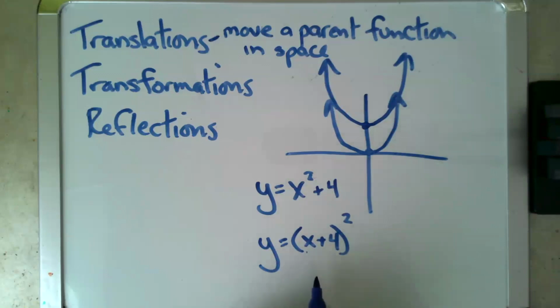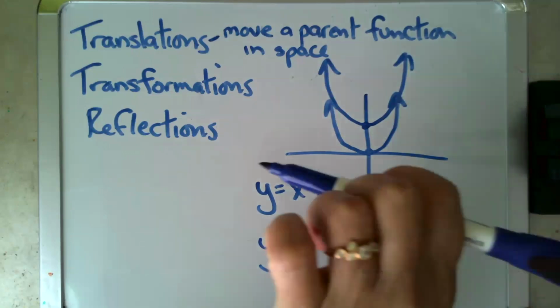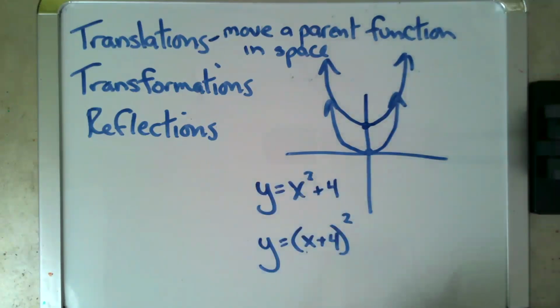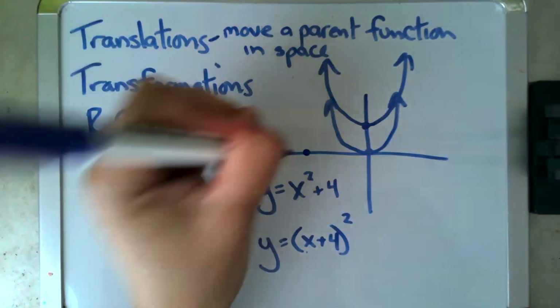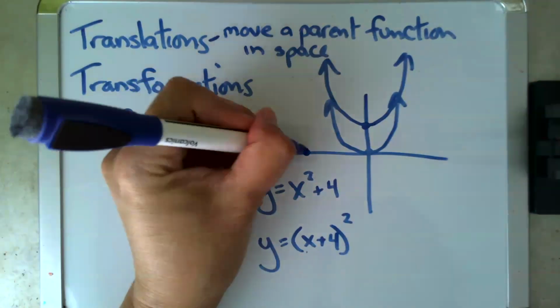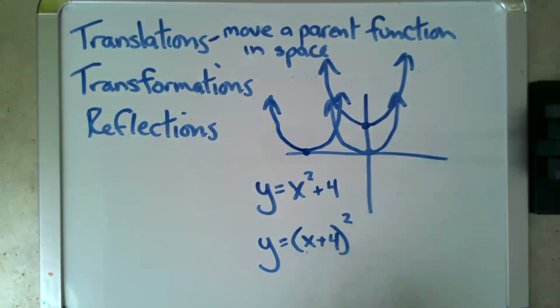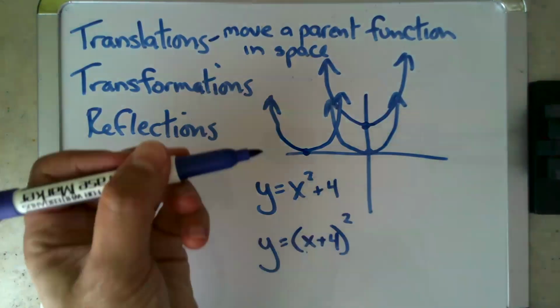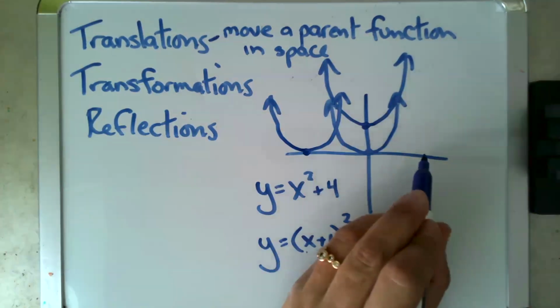Horizontal shifts are the opposite of what you would expect. If this says x + 4, that is actually moving it 4 units to the left. So, same function, but now it starts here. If this said x - 4, you're moving it 4 units to the right.